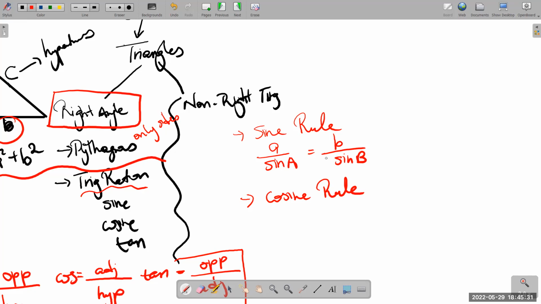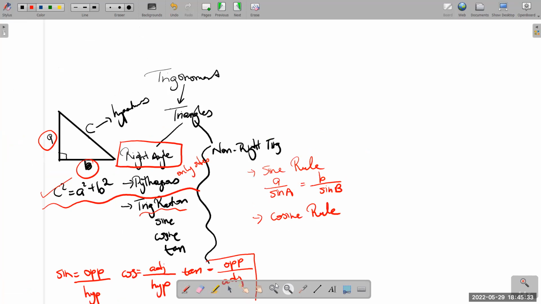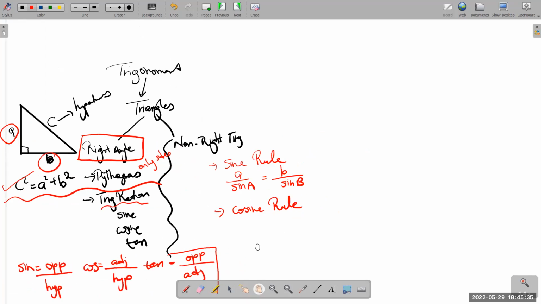But do you remember the difference? Yes or no? You can let me know the truth. Do you remember the difference between when to use the cosine rule and the sine rule? So that's one yes, one no. Not really. Yes, yes. All right, don't worry, we're going to go through all of it.